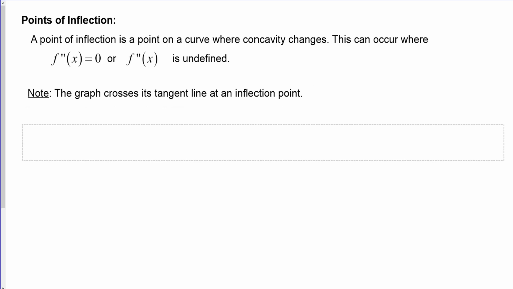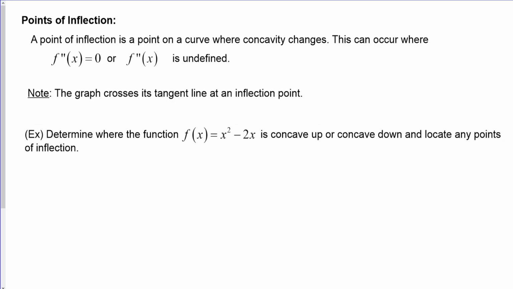And we know these are inflection points because, as we saw, the graph crosses the tangent line at these particular points. So let's take a look at a function, and let's identify where the graph is concave up or concave down and locate any points of inflection.